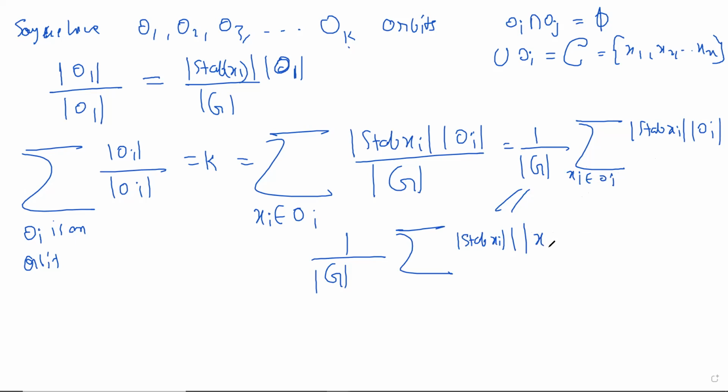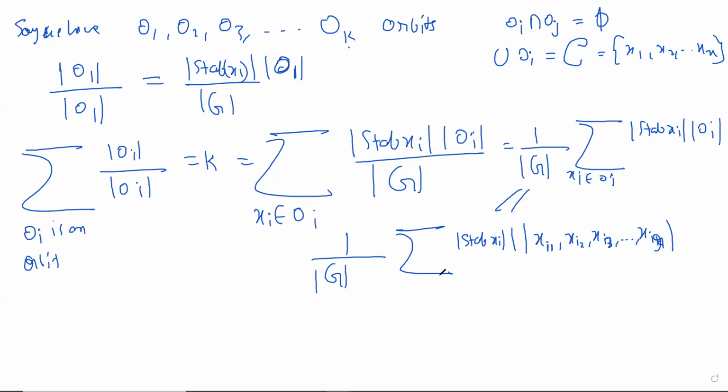Let's say xi1, xi2, xi3, up to xik. That is the orbit. Okay, I should not use this, I should use some r. Let's say that the orbit of i has these r things.